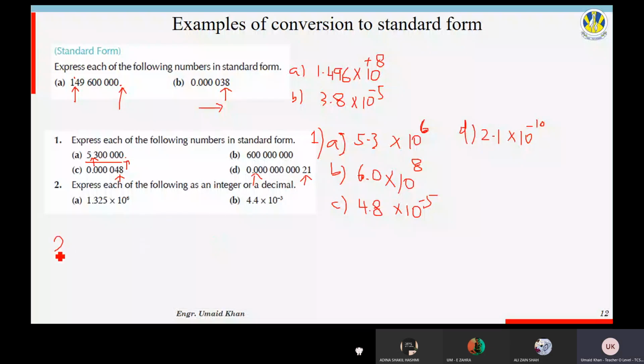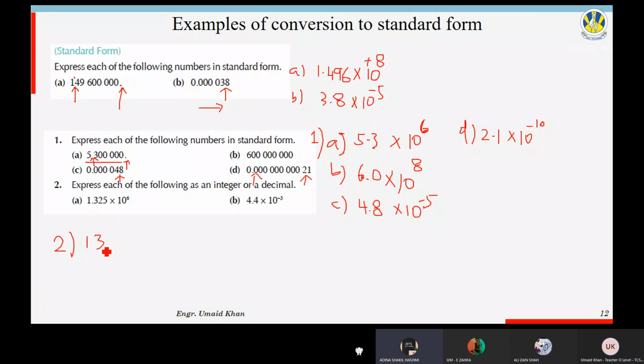Okay, next in question number 2, we have to convert to integer or decimal. The numbers are given in standard form. Now we have to go in the reverse direction. We have to convert it into actual values, which is integer or decimal form. So how will I convert this number? Sir, we'll take the decimal back to its place.